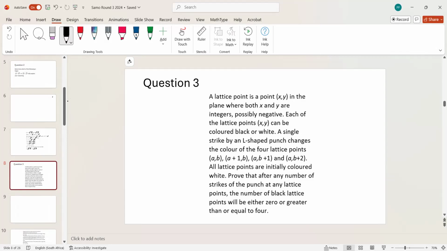The next question says a lattice point is a point (x, y) in the plane where both x and y are integers.